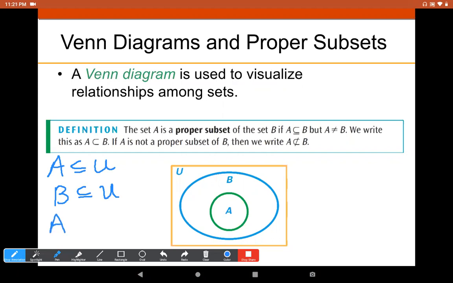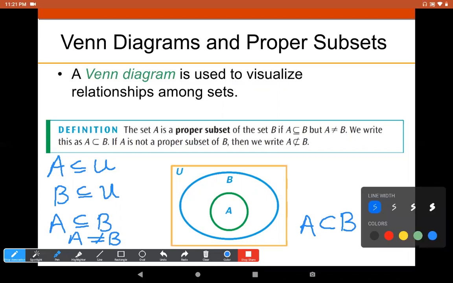A is also a subset of B, but A is not equal to B. So A is a proper subset of B.